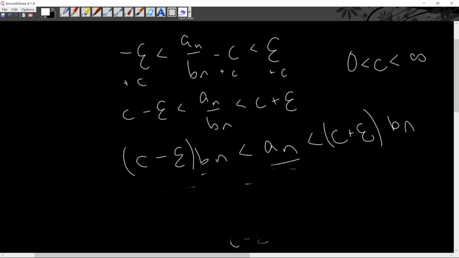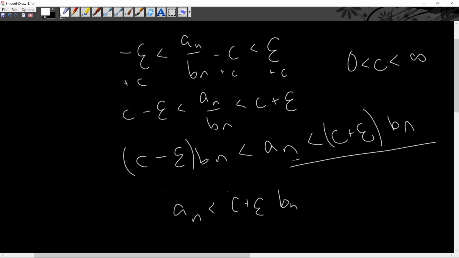And the limit is c, a real value, as we have stated. And we can also do it with the other half now. If a sub n is less than c plus epsilon times b sub n, and we divide both sides, we're going to have b sub n is greater than a sub n over c plus epsilon.